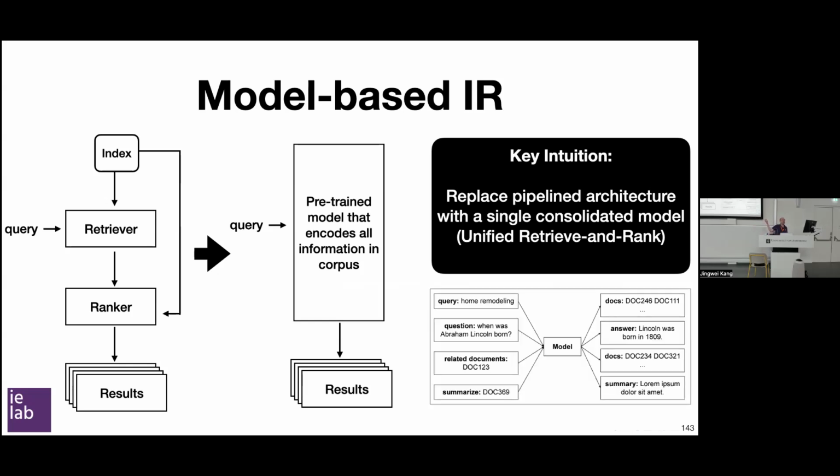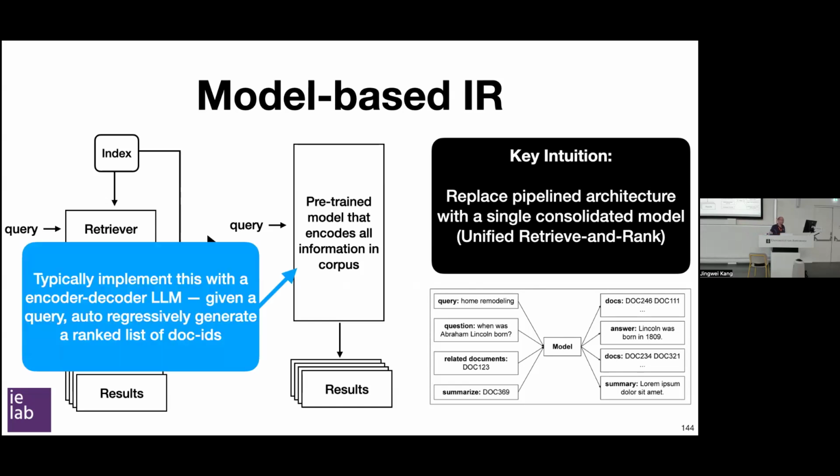The advantage is that you then have a model that can answer a whole range of different tasks, and it will scale very well because suddenly you don't have an index that keeps exploding as more documents are put in. You just have this fixed parameter size model plus some additional data structure.